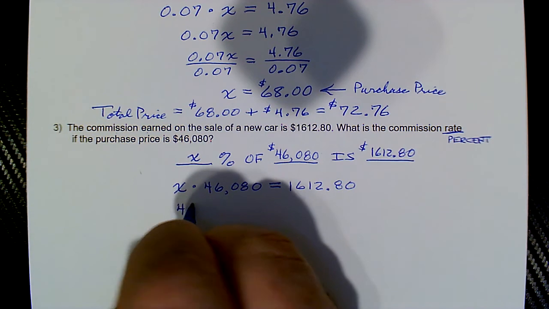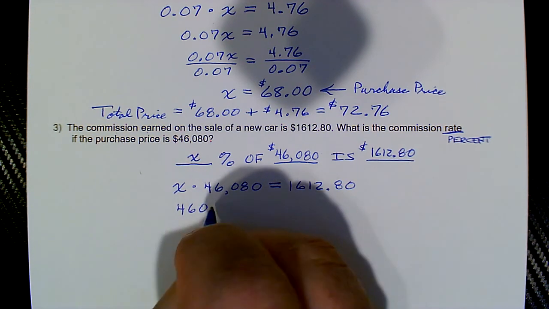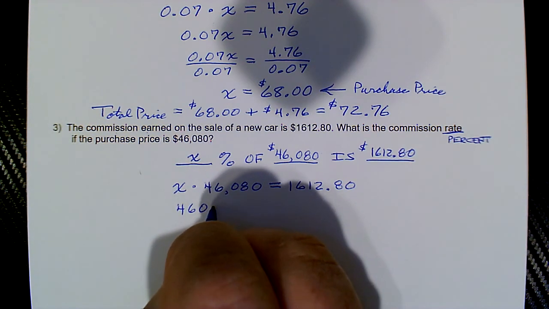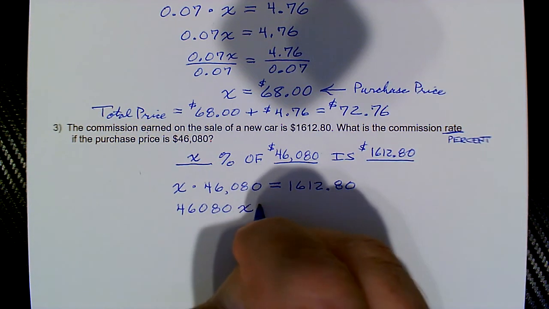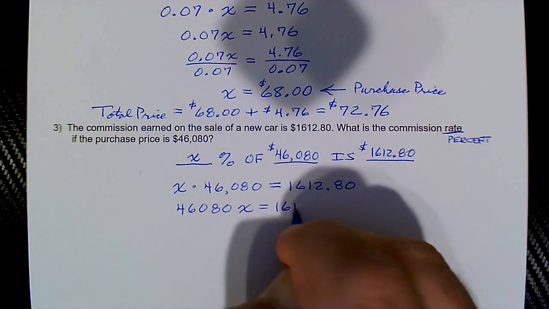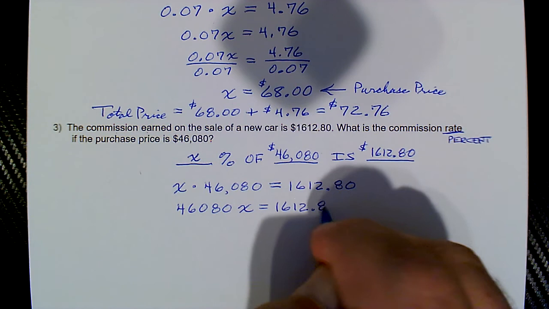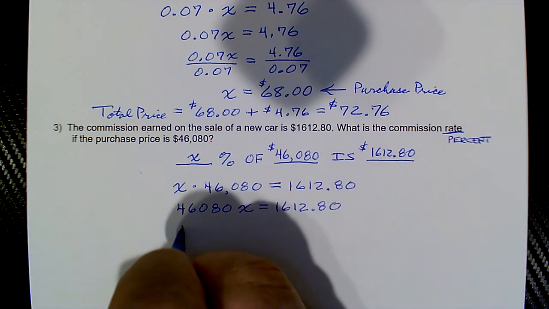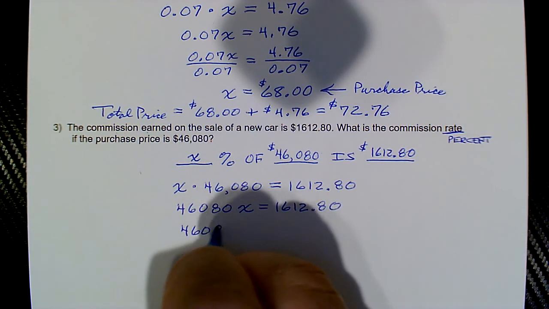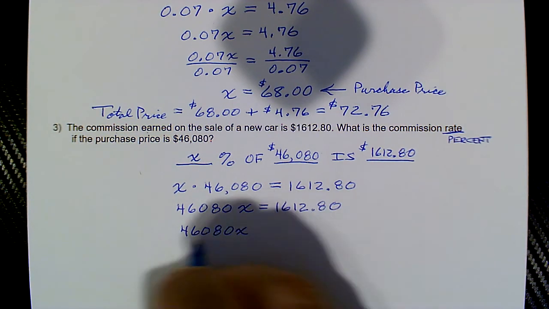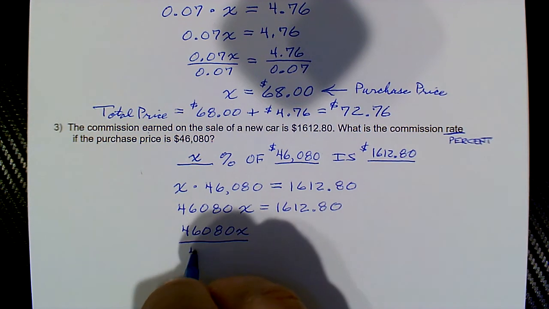Again, I'm going to rewrite this, I'll put the coefficient 46,080 out in front of the X. Most of you I know probably just jump right in there and do the division, but I like to show these extra steps just to be thorough.